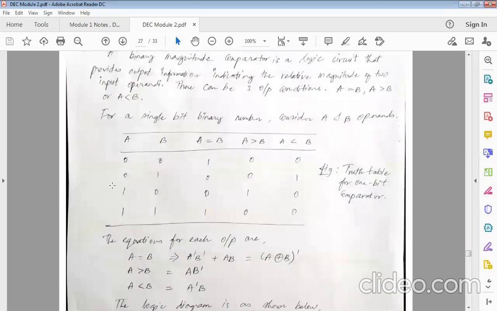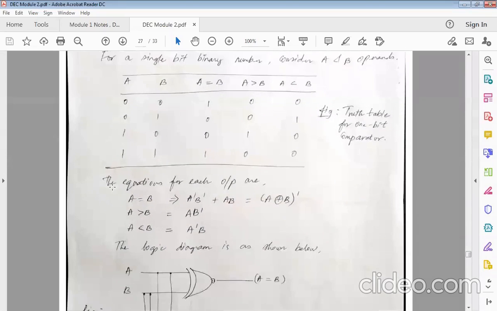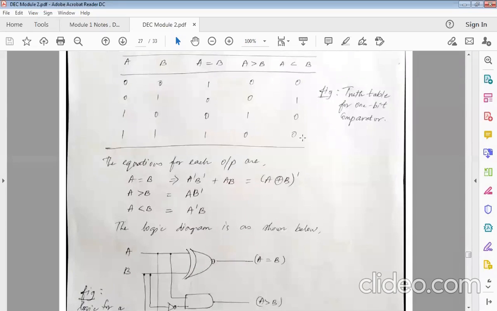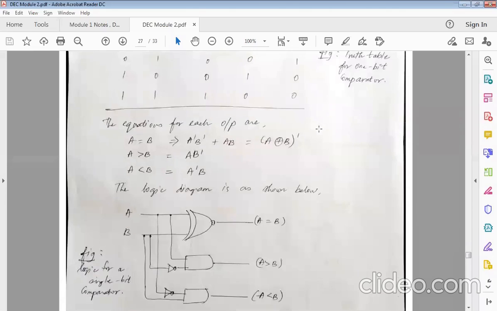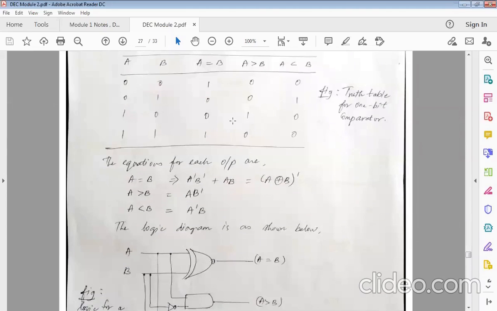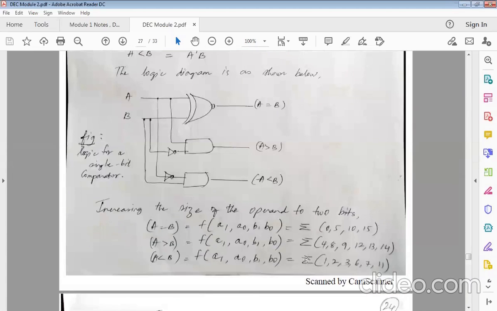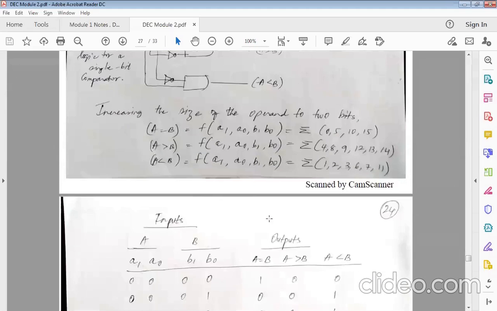Okay, so once we get a truth table, for your practice, what you can do is you can actually create a truth table, and once it's created, you can put those values into K-map, okay, and individually verify if these equations are correct or not. Okay, so that's for your practice.